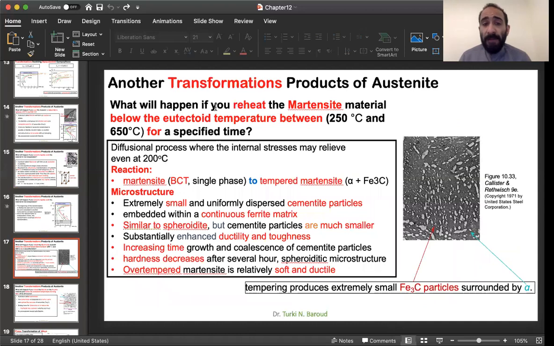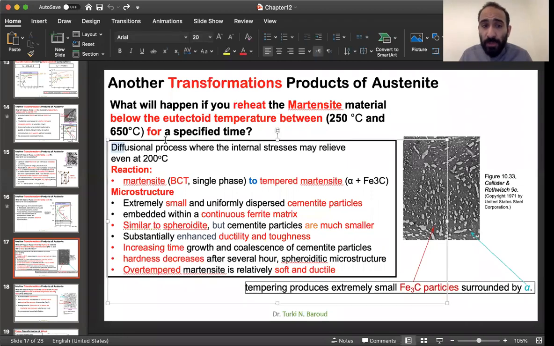So what will happen if you reheat the martensite below the eutectoid temperature, between 250 and 650? You take the martensite after it has transformed and then reheat it to a higher temperature. Diffusion will be possible, because in martensite it's diffusionless and carbon cannot diffuse. Now you're providing energy for the carbon to diffuse. Wonderful.